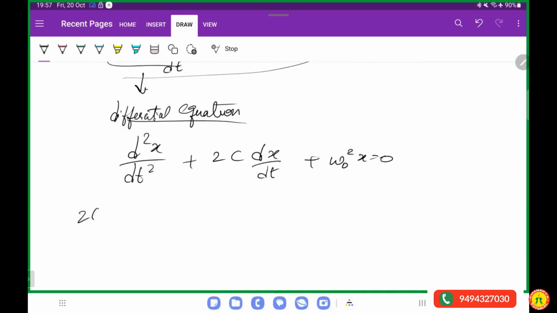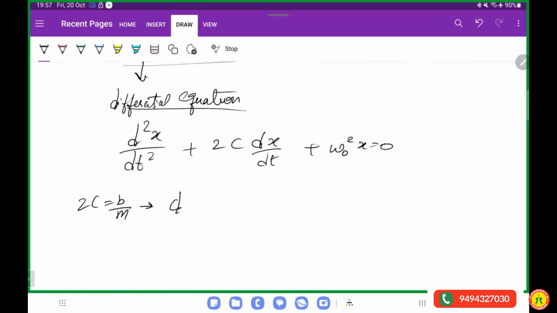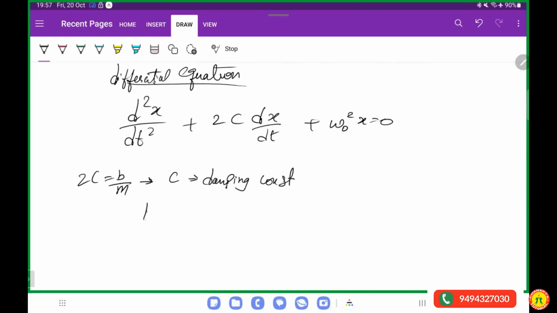So here 2c is b by m. What we wrote for b is the damping coefficient, and this c we will take as the damping constant. Then k by m equals omega naught squared.